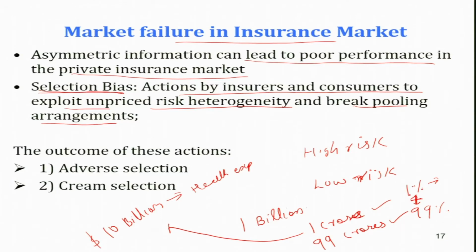For the remaining 99 crores, we already know it is going to be 0 billion, that is zero expenditure for this 99 percent. So based on this, when they do the pricing, their assumption is that all the 1 billion population will join the policy, and accordingly the total health expenditure is 10 billion only, 10 billion plus 0 billion.